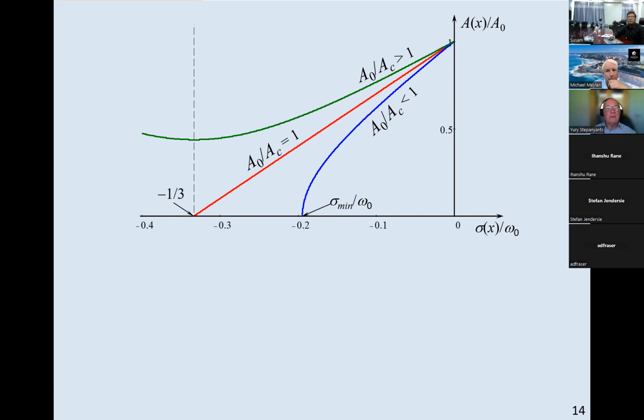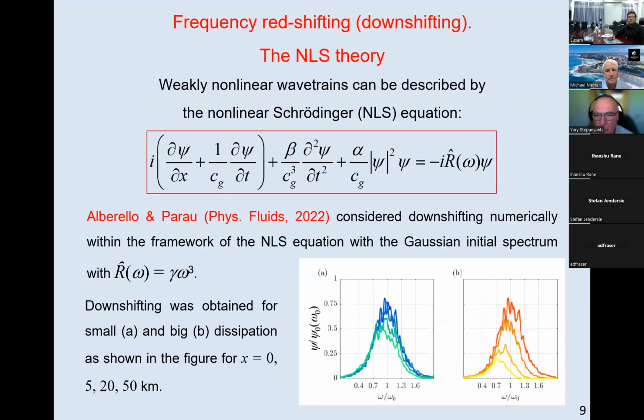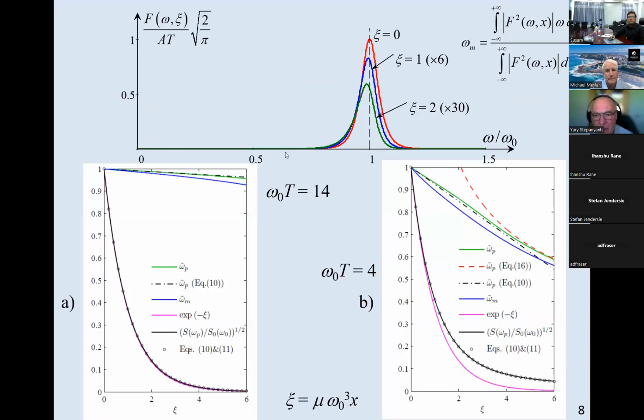One more interesting result of this study is that within the framework of linear theory, when we consider downshifting, we observe that the spectrum becomes non-symmetric with respect to the peak value.